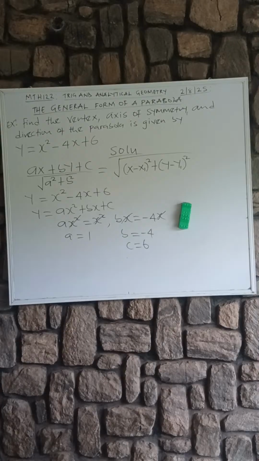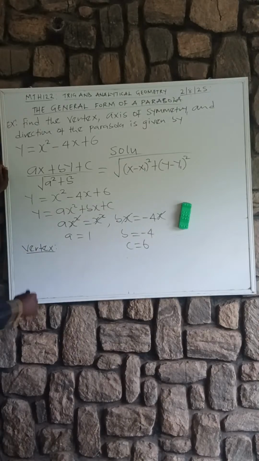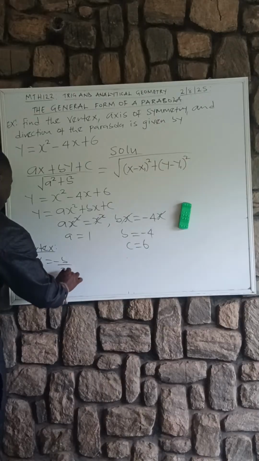Okay, if you understand and you are following, that is very good. What we need to do here is we now consider the vertex. The formula for the x coordinate of the vertex is given as x equals minus b all over 2a.